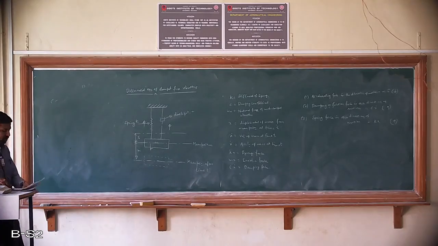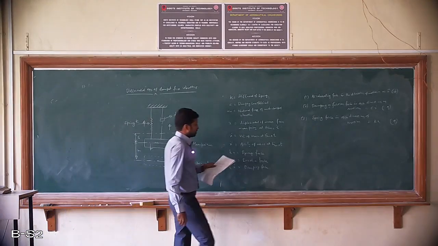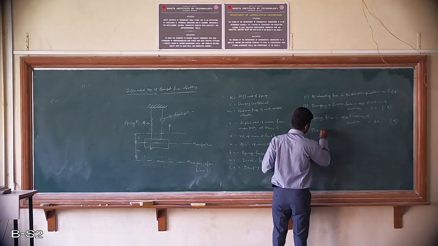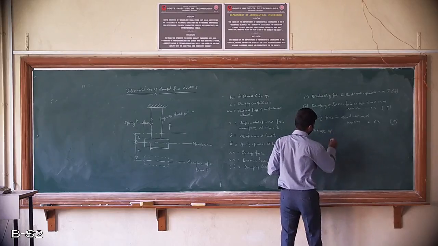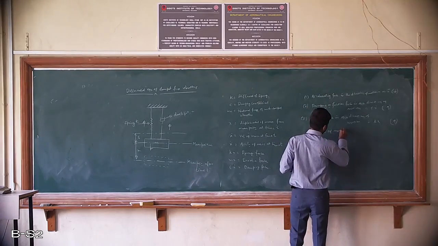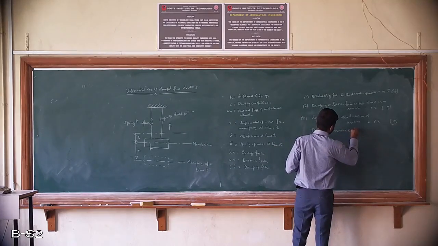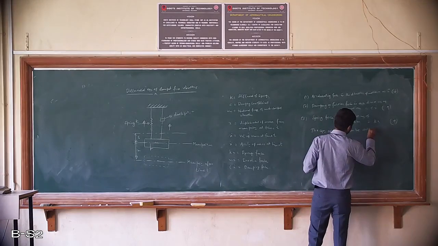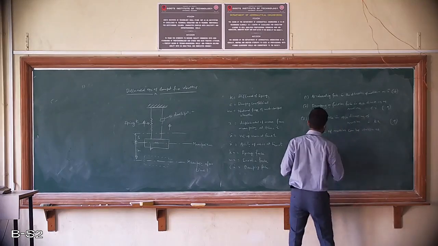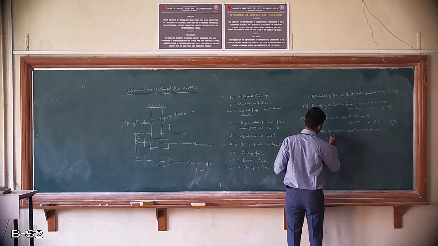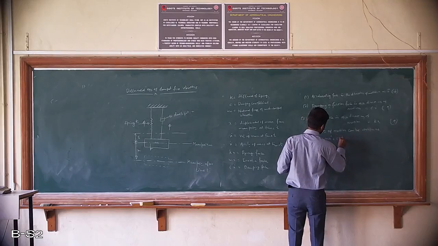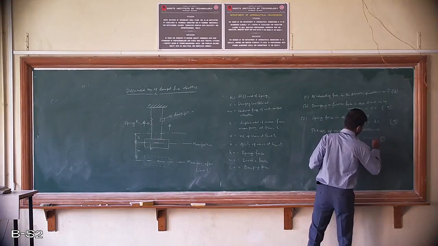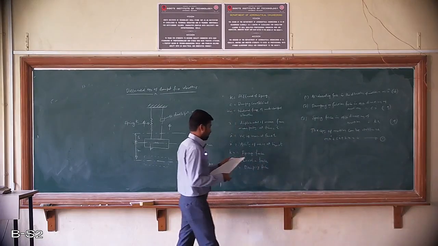So therefore the equation of motion can be written as mx double dot plus cx dot plus kx is equal to 0, and I will call this as equation number 1.